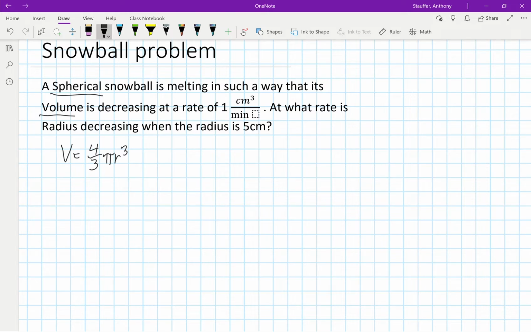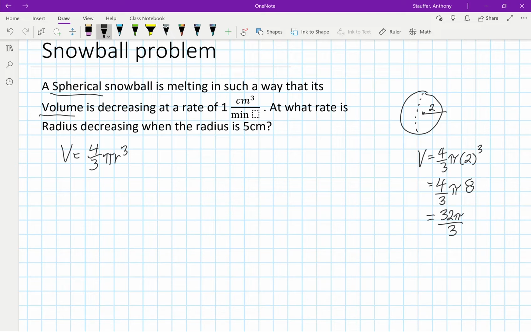What's this saying? It's saying that my volume depends on my radius, and my radius depends on my volume. Going off on the side, if I had this sphere, check out my sweet drawing abilities, and a radius of, say, 2, then my volume would be 4 over 3 pi multiplied by 2 cubed, or 4 over 3 pi multiplied by 8, which is 32 pi over 3.